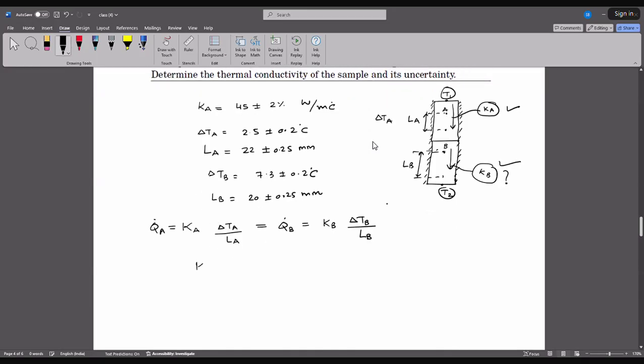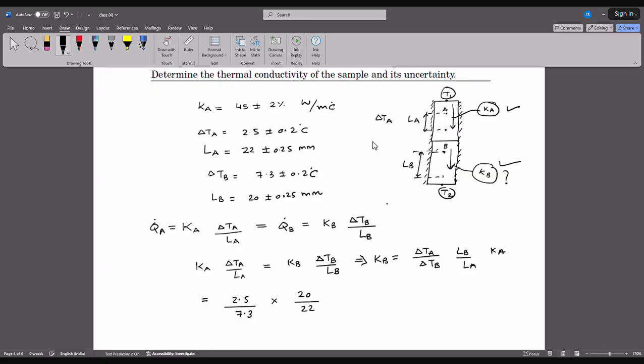Heat flux is K into temperature gradient. So basically Ka delta Ta over La will be Kb delta Tb over Lb, and we do not know Kb, so we find Kb as delta Ta over delta Tb, Lb over La, into Ka. So delta Ta over delta Tb is 2.5 divided by 7.3, then Lb over La is 20 divided by 22, then Ka is 35.